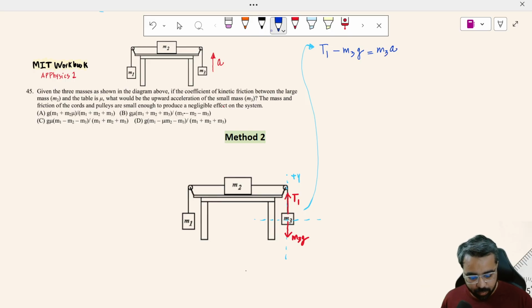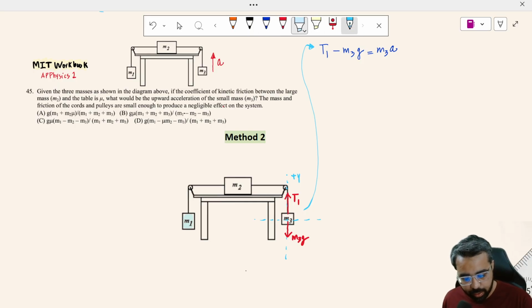Okay, now let's come towards the mass M1, because M1 is a mass that has more weight. Once again, our rectangular coordinate system is the same. But you know that its weight must be more than the weight of the third mass M3, because it is accelerating down. The tension in this string is, let's say, T2, because this is the second cord.